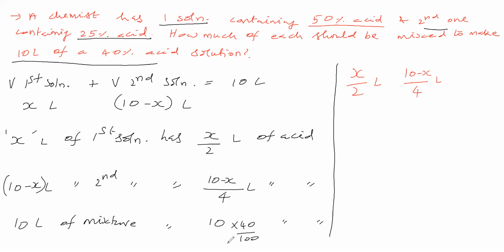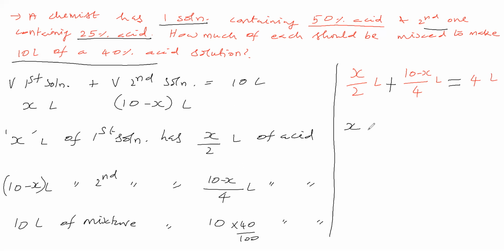On mixing, we got 4 liters of acid. So the first solution x liters has x by 2 liters of acid, and the second solution 10 minus x liters has 10 minus x by 4 liters of acid. The sum of these is equal to the total acid.